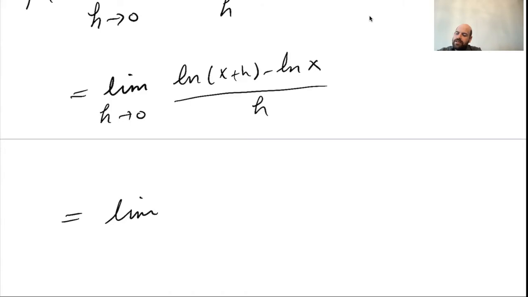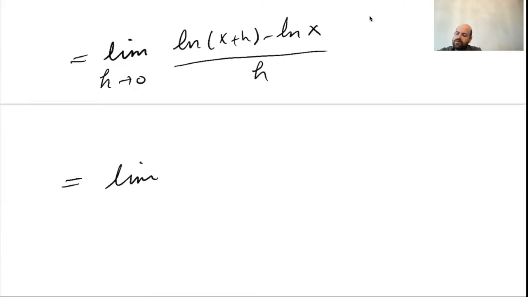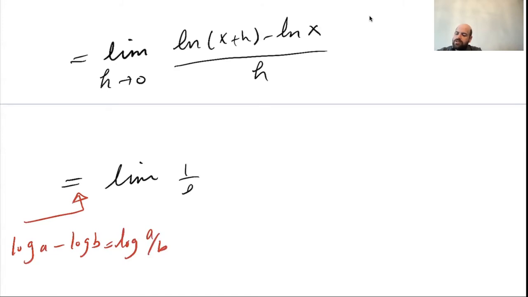Do you remember the formula for log a minus log b is equal to log a over b? So I can write this as limit 1 over h times ln of x plus h over x as h approaches to 0.